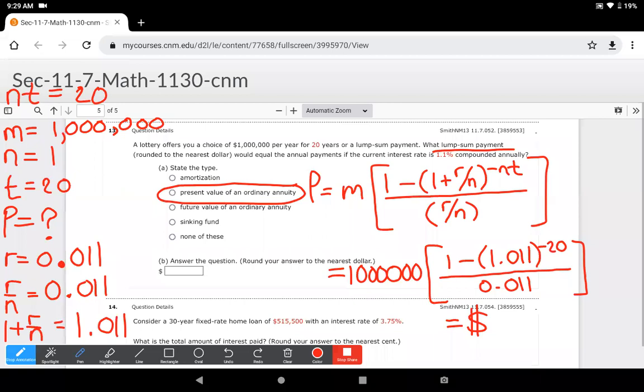If they're offering us $1 million a year or a lump sum payment, the lump sum payment we would expect would be $17,865,149, rounding to the nearest dollar.